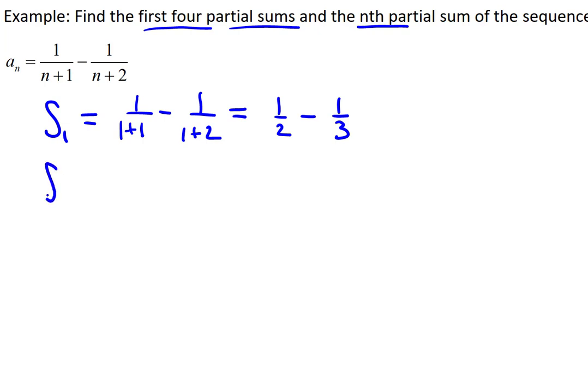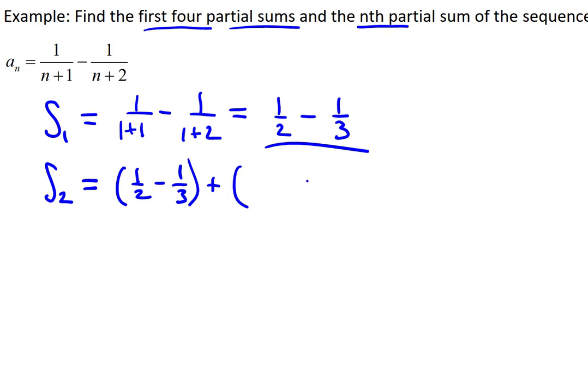Now the second partial sum we'll write out as s sub 2. This would be really the first term, which we can just kind of copy over. We already found it in the previous step. So I'm going to just write that, but I'm going to put it in some parentheses just to bundle it up and stay organized. It was really 1/2 minus 1/3. That's the first term, but now I'm going to add the second term with it.